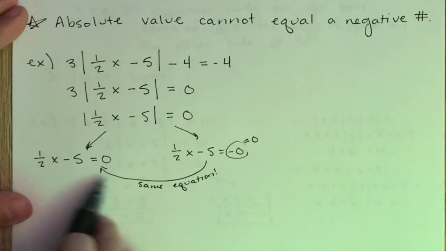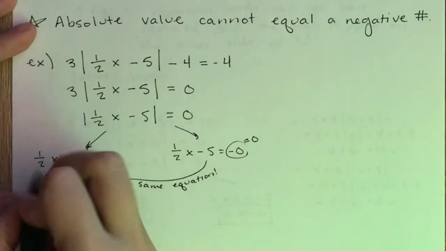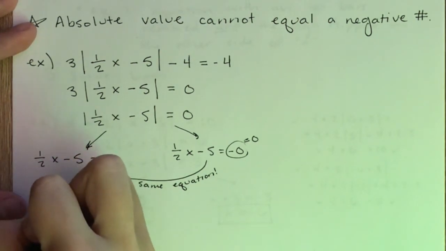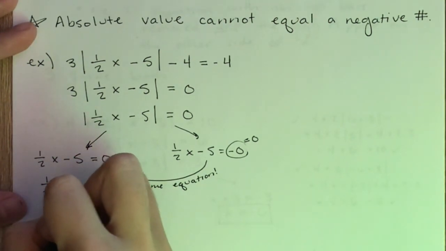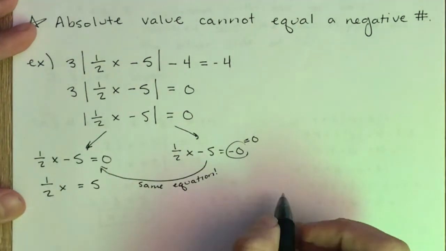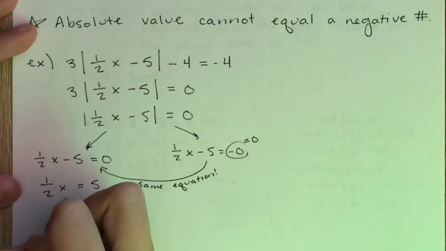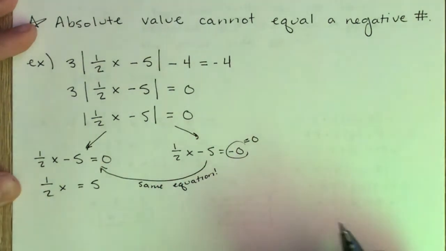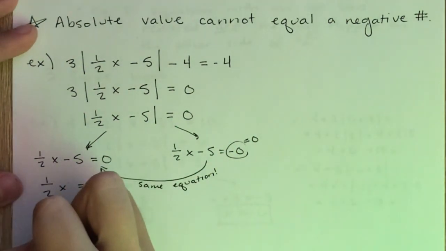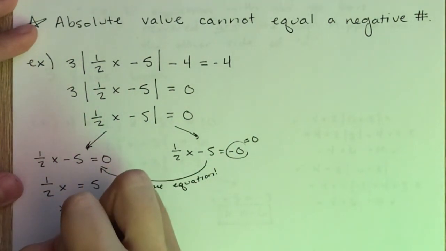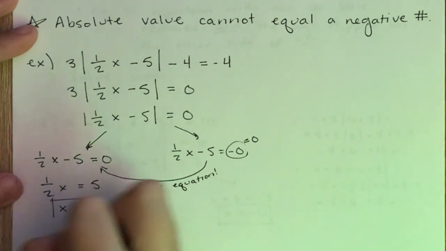So we only have to solve this guy. We've got 1/2 x equals 5. We divide by 1/2 or multiply by 2, same thing. We end up with x equals 10.